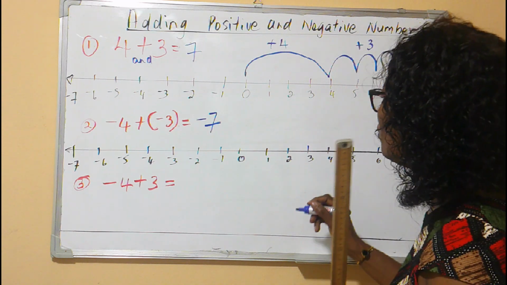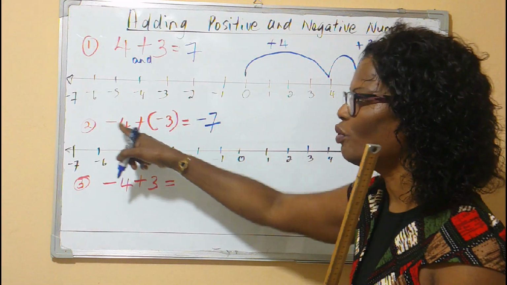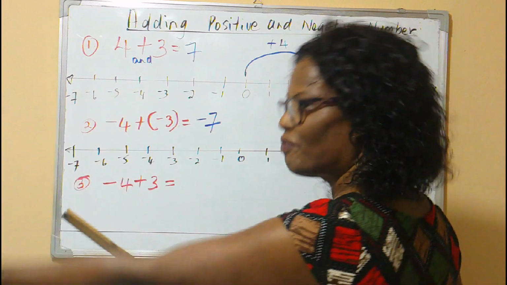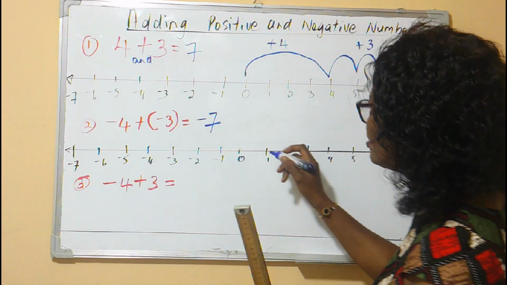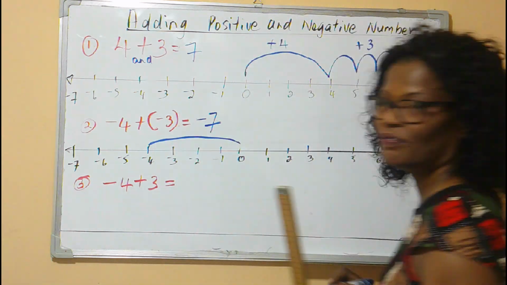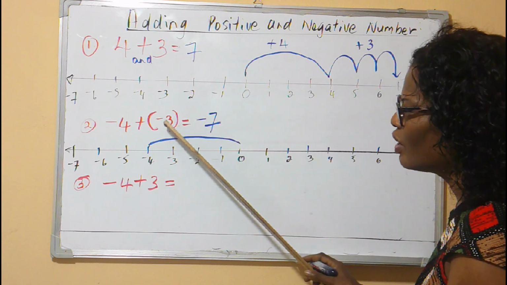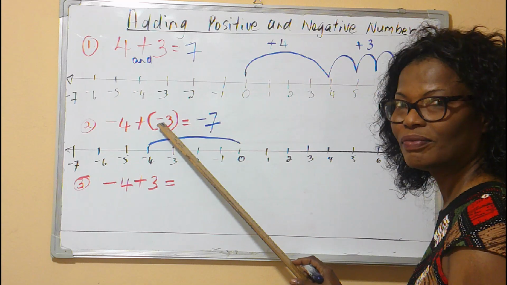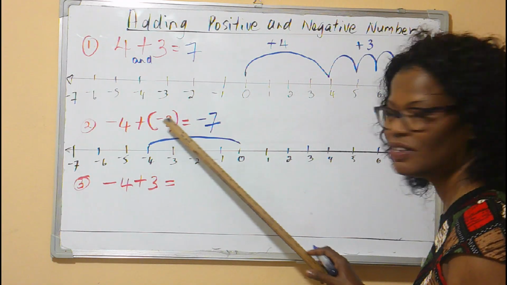And on the number line, we are this time moving, or negative 4 means that we're moving to the left. We're walking to the left. So from 0, we go 4 places to the left. And then we make 3 steps to the left, continuing to the left because it's a negative 3.